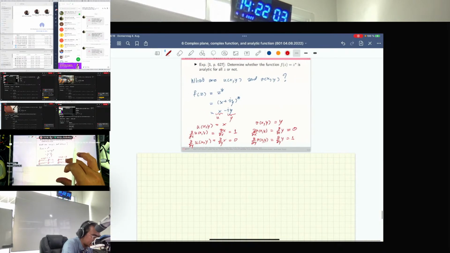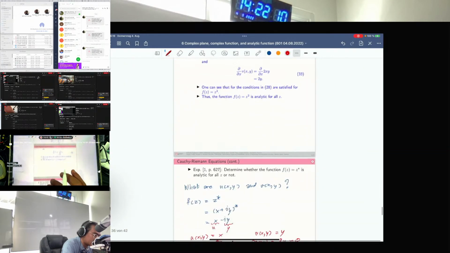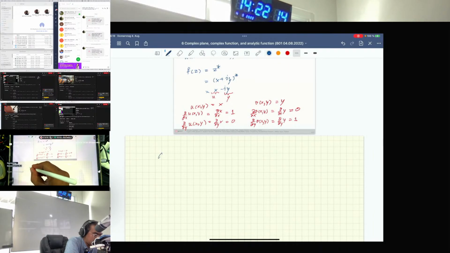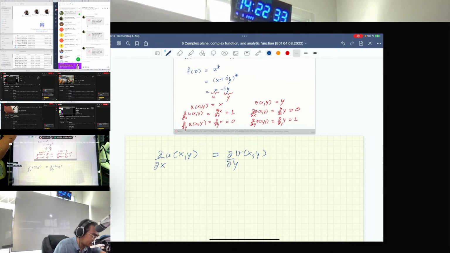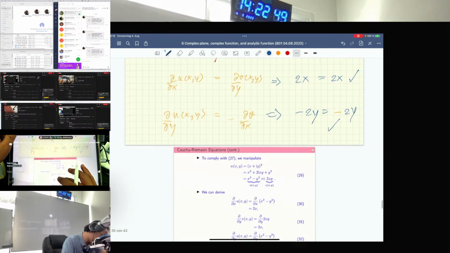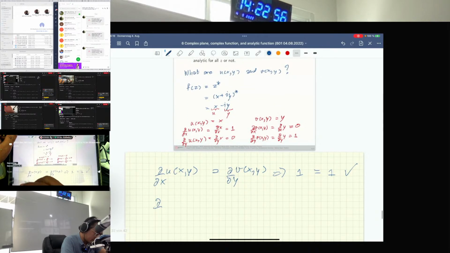Let's check whether the partial of u with respect to x equals the partial of v with respect to y or not. The partial of u with respect to x is 1, equal to the partial of v with respect to y, which is 1, so it's correct. The second condition is that the partial of u with respect to y equals minus the partial of v with respect to x.